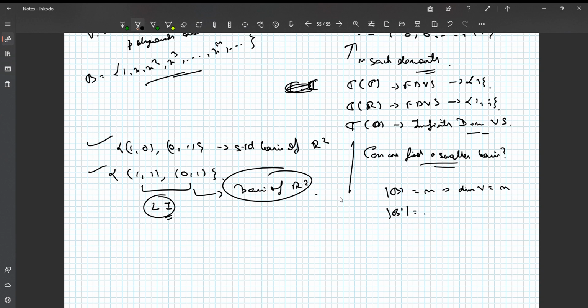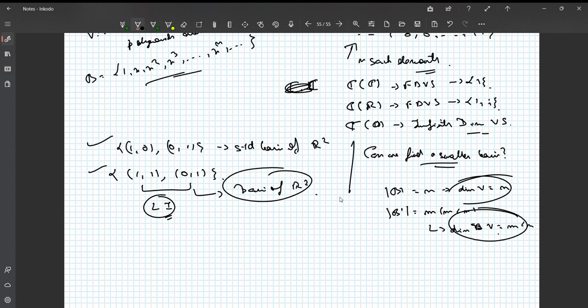But if I get a smaller basis, say V dash, which has m elements, where m is less than n, then with respect to this we have the dimension of V to be m, which is less than n. So we have two different dimensions of one single vector space, and that is not quite possible. Otherwise there would have been no question of what the dimension of a vector space is. Okay.